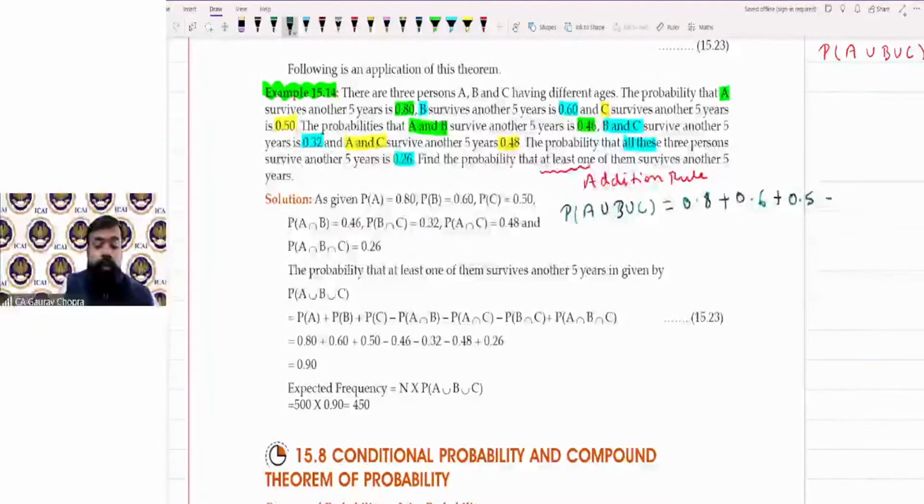Now subtracting 0.46, then again subtracting 0.32, and one more subtraction of 0.48. And then we will be adding 0.26 because it is common between all. So by adding and subtracting, we get the final answer, which is 0.9.